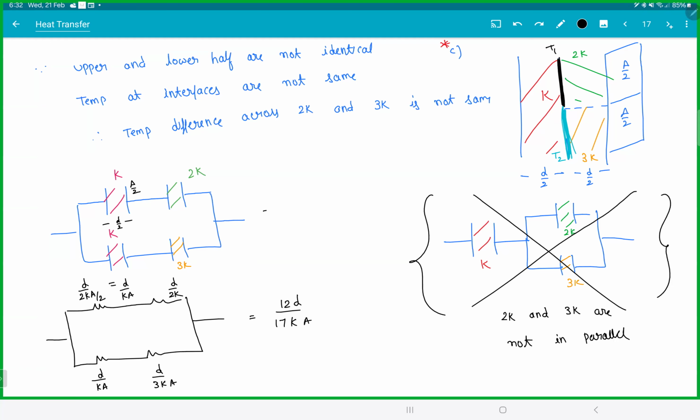Which interface has more temperature, the upper one or the lower one? Should I tell you how to approach? Try. I'll give you a minute.